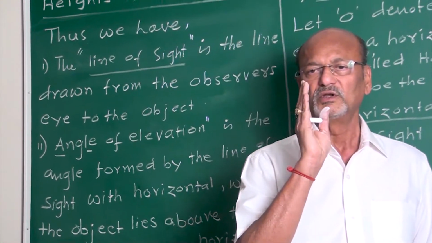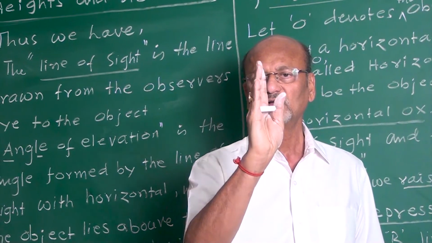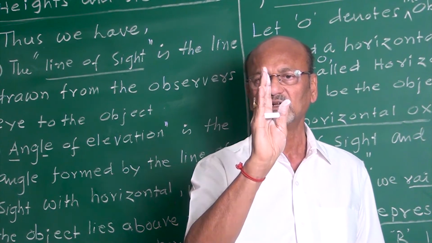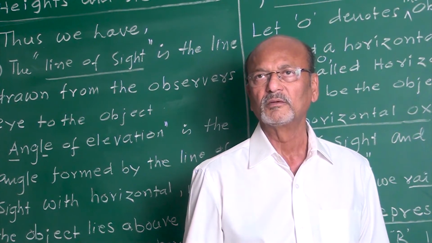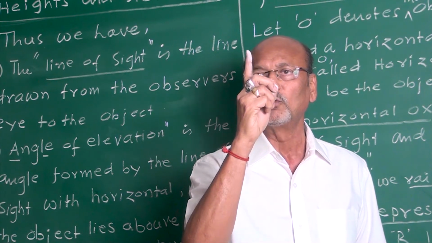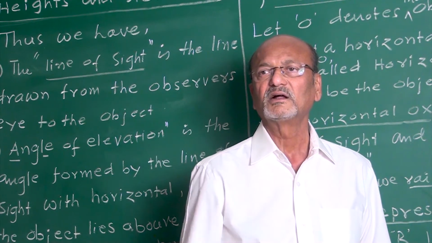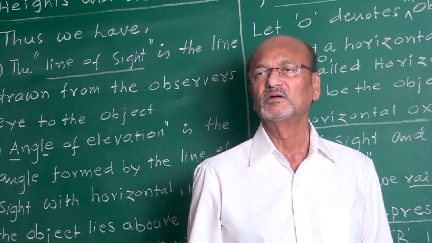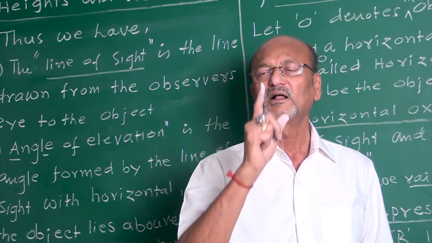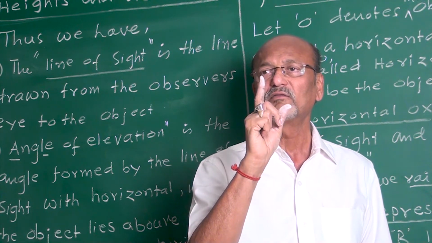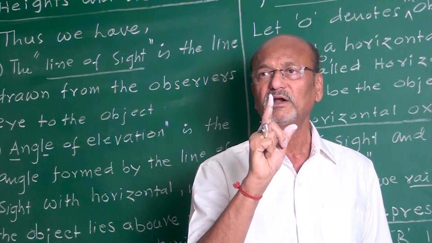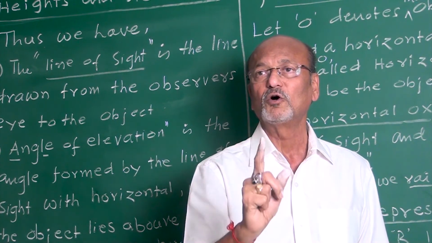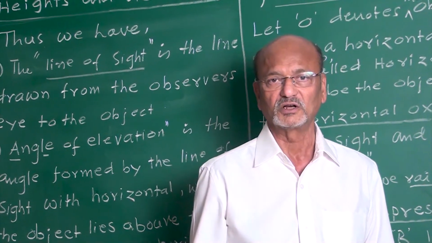If we look straight, then that line traced is called the horizontal. If the object is above and you look at the object, that is called the line of sight. Then angle of elevation is the angle made by the line of sight with horizontal when the object lies above the horizontal.